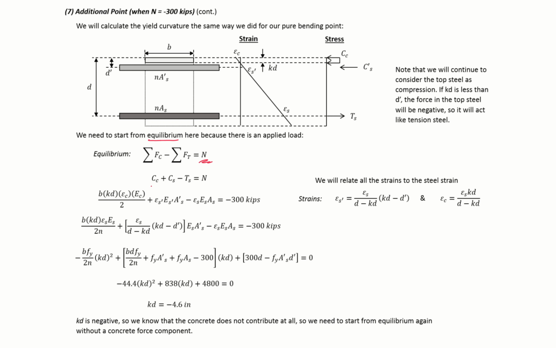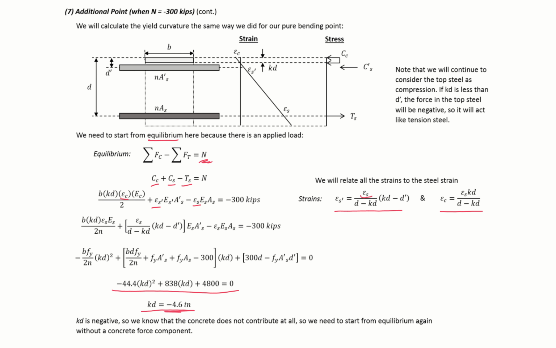So we have our concrete, steel, and tension force components related to the strains. We plug in our different strain values to get everything with respect to steel strain, epsilon s, and then plug in all of our known values to get our equation in terms of just KD as a quadratic, and then we can solve for KD.